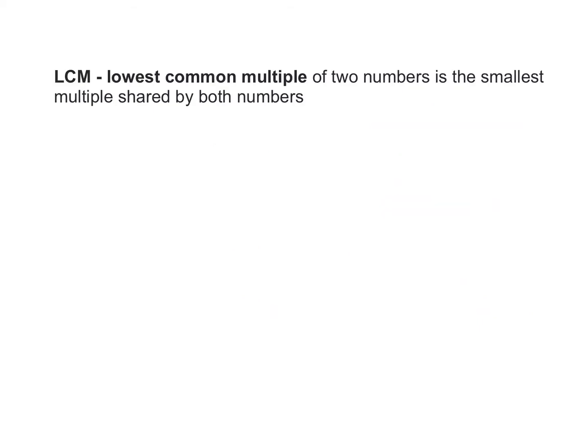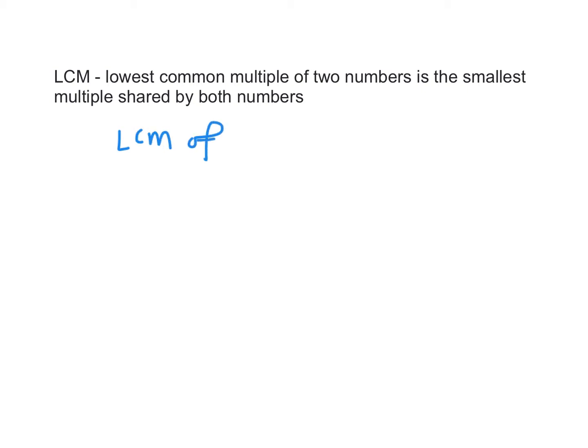Right, the next thing we're going to look at is lowest common multiple. The lowest common multiple of two numbers is the smallest multiple shared by both numbers. Now what do I mean by that? Well, if I wanted you to find the lowest common multiple of, let's say, 6 and 9, this is what I would do.